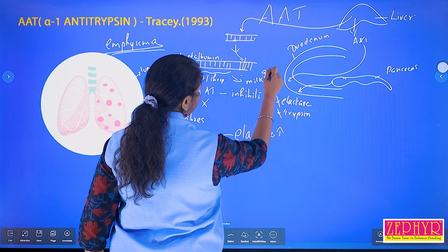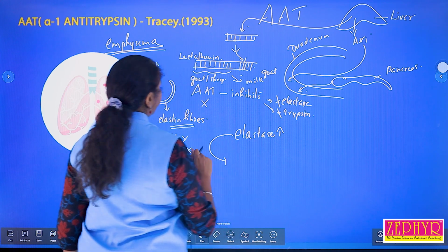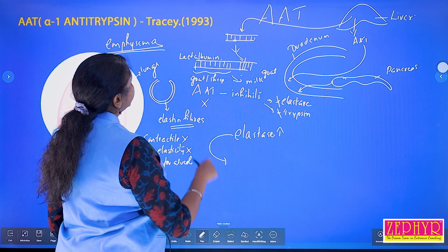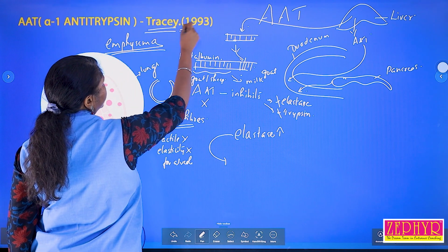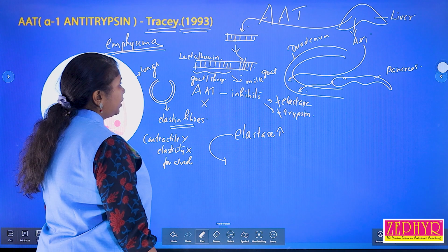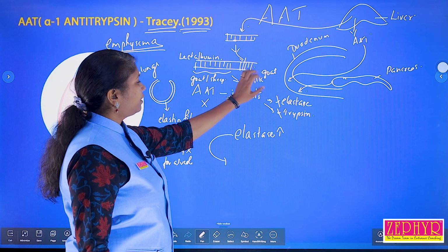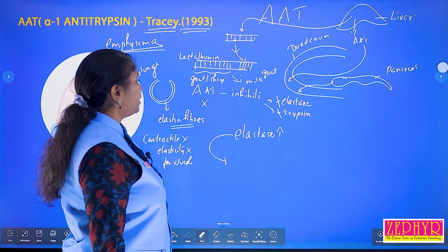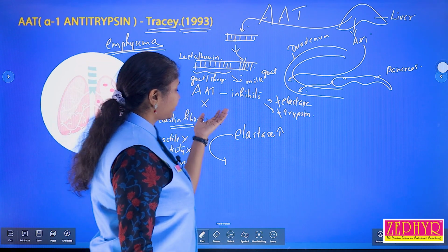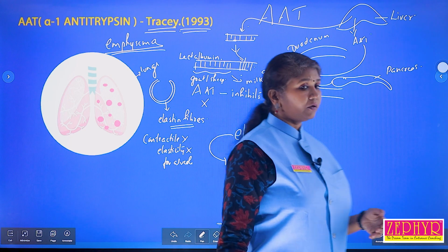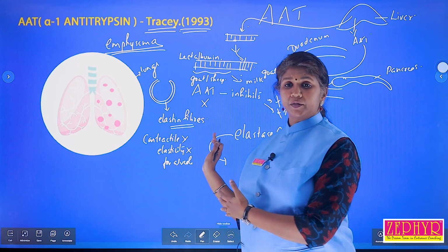So this goat milk will now be rich with AAT, and such a goat which has been produced is called Tracy, and that was in the year 1993. By drinking this goat milk, we will be cured from emphysema. That is how you do it in the case of small children who are suffering from emphysema, because they did not smoke but they contracted the disease.